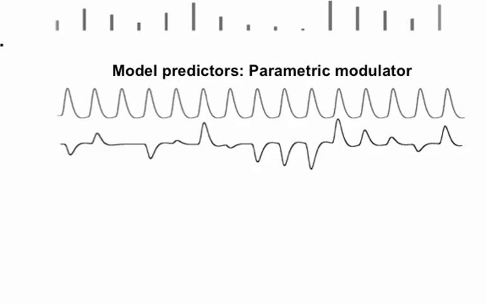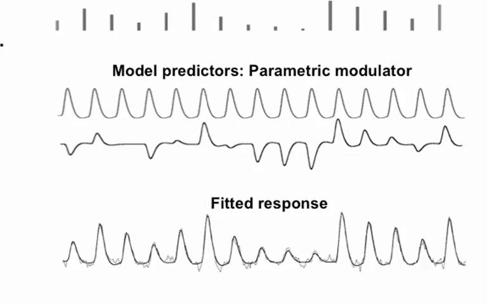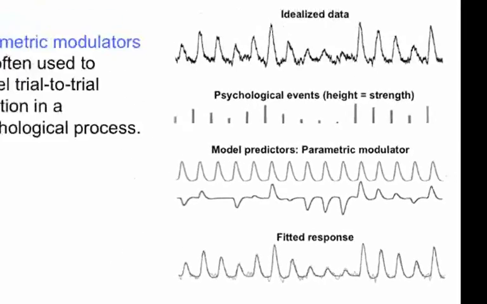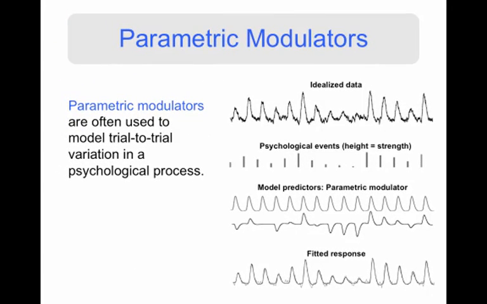That would be a second type of condition that we would now convolve with the HRF, and we would get the estimated difference due to psychological effects, which is this second curve in the model predictors. And if we use this, now the fitted response quite accurately fits the idealized data above. And now we can test for differences between psychological events or between repetitions by looking at this second regressor and testing whether or not it's significantly different from zero.